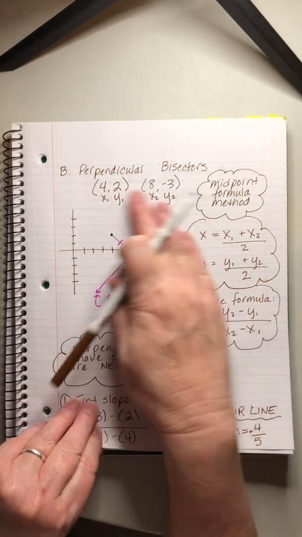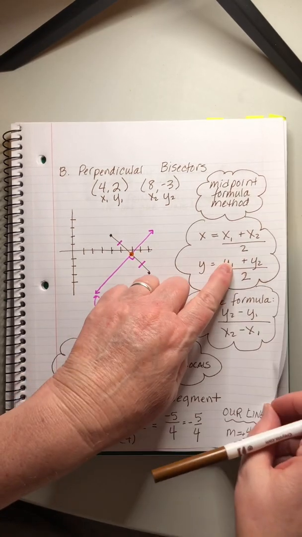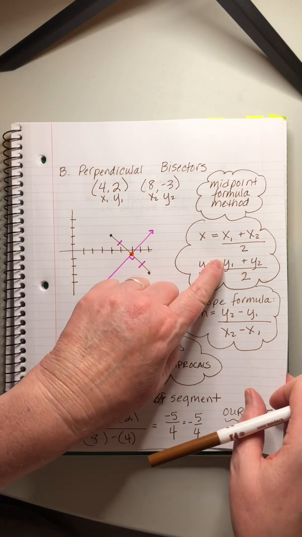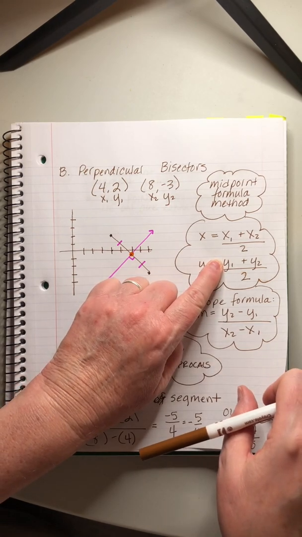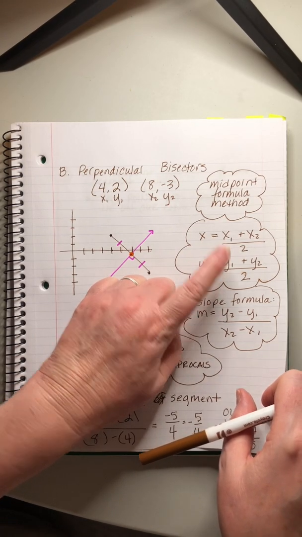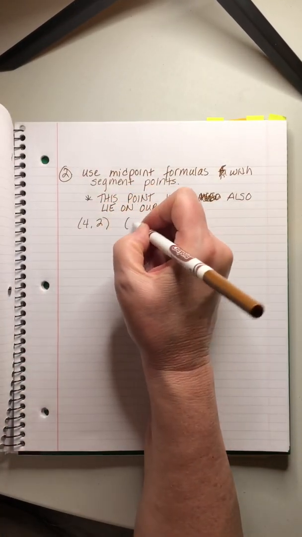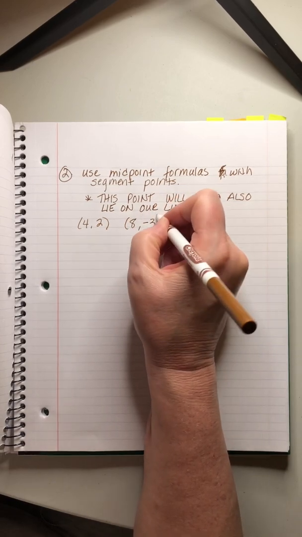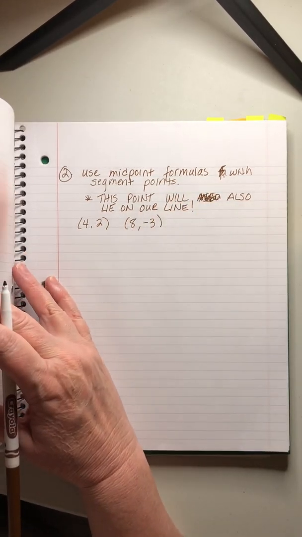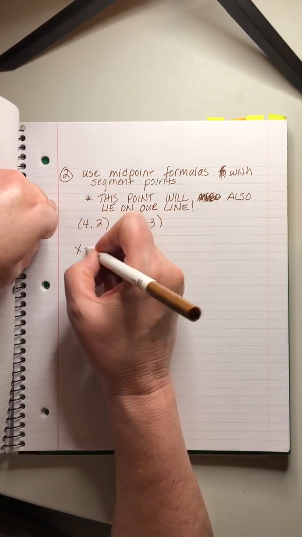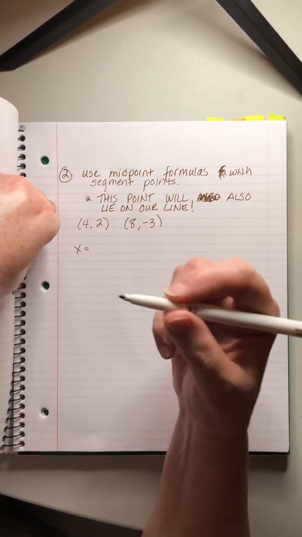So I'm going to copy these points, and I'll do the midpoint formulas on the other page. 4, 2, 8, minus 3. You don't have to recopy that if you are working on the same page. All right, so for the x values, this will be the x value of that middle point.